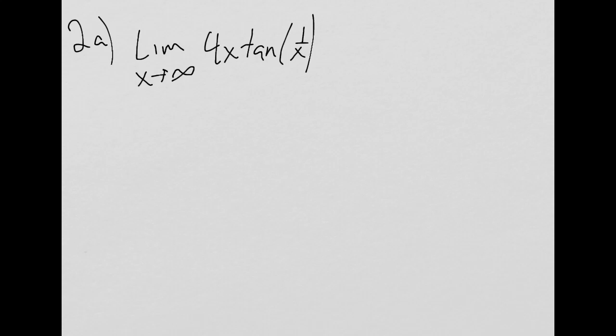But the easiest way is to introduce a new variable and say let h, my new variable, be 1 over x. If I solve for x, I get x equals 1 over h. And I'm going to replace these x's here with forms of h, right? So what you should notice is that I'm looking at x as x goes to infinity.